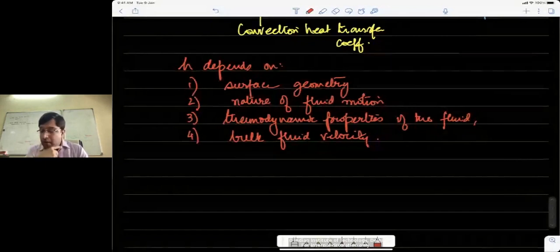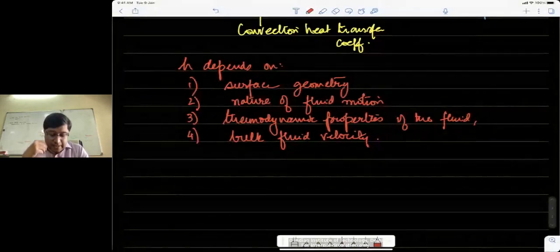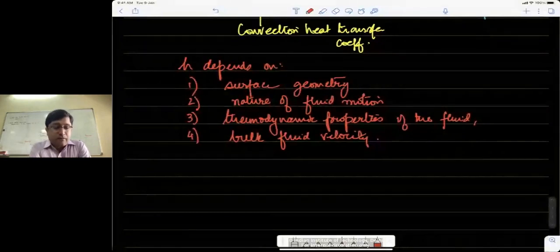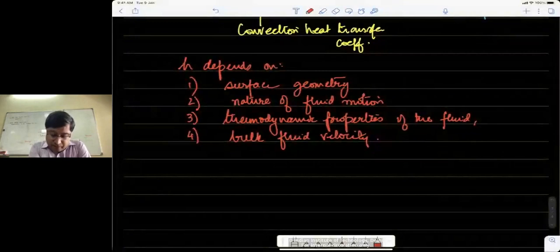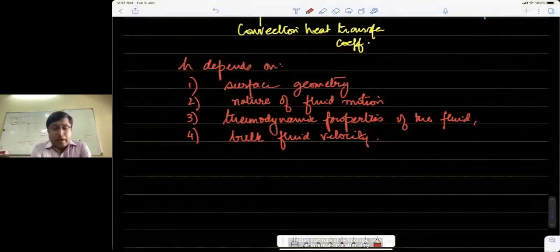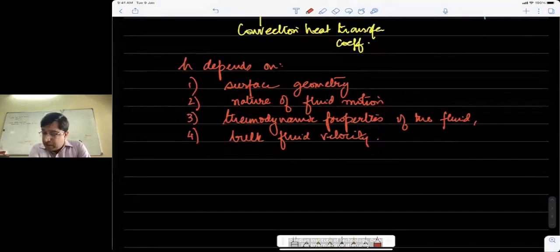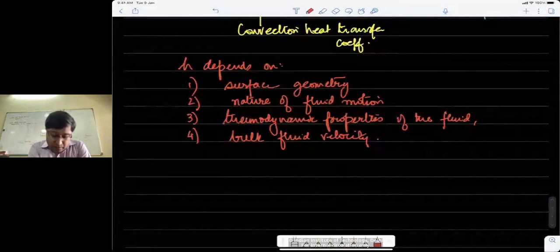It is not an easy task to do, but thankfully for us, a lot of this data is already available. The book that we are referring to in this course already has lots of different empirical correlations that we can use to calculate h for a given flow condition and the nature of the surrounding fluid. So we will try and rely on that. And in this course, when we talk about convection, we will frequently presume that this heat transfer coefficient is somehow known.